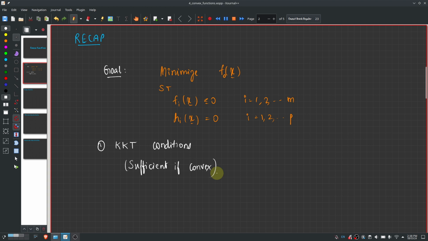We'll see how to verify whether a given function is convex and how to generate convex functions from simpler convex functions, similar to what we did for convex sets. And we'll see that this notion of convexity is fairly general. It can be generalized in many different ways. One way that we saw was using generalized inequalities.